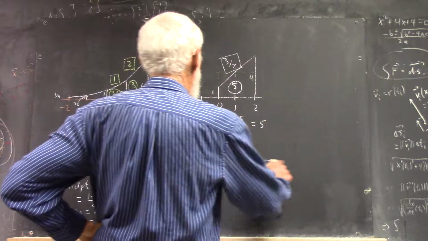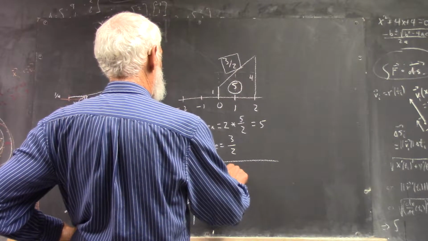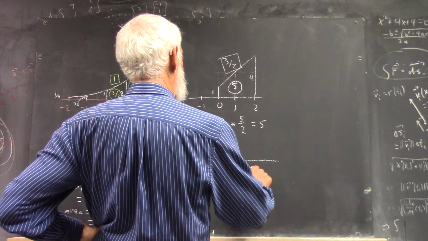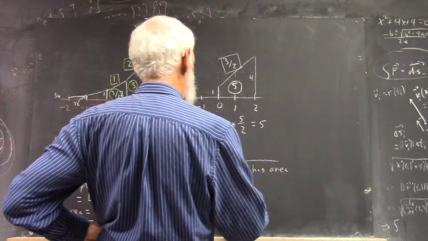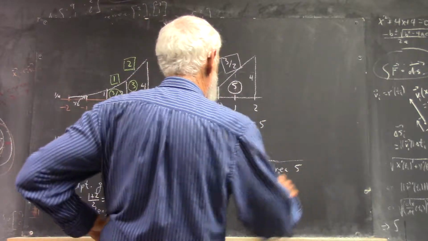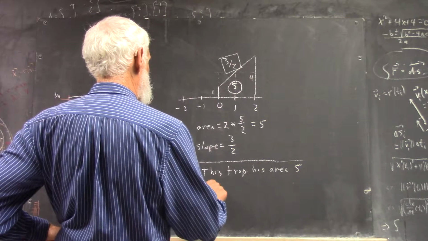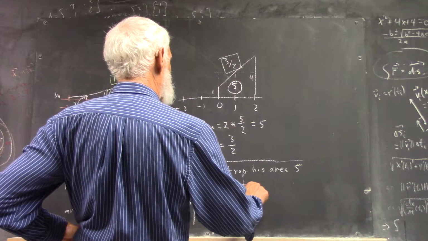Oh. Okay, this trapezoid, we didn't take into account the curve. This trapezoid has area 5.